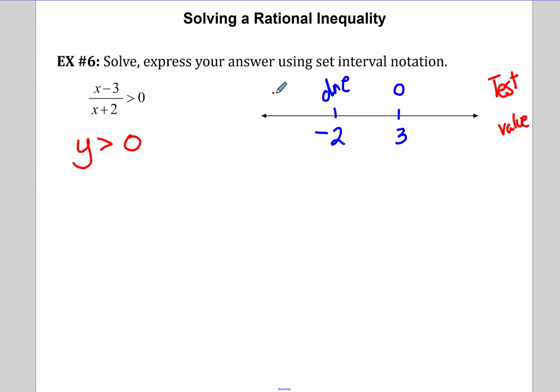Okay? So if we test -3 and 0 and 4 in each one of these little intervals, we're going to end up with a positive number here because we'll have a negative divided by a negative. If you substitute a 0 there, we're going to have a negative in the top and a positive in the bottom. And if you substitute a 4 into our expression, we're going to have a positive divided by a positive.